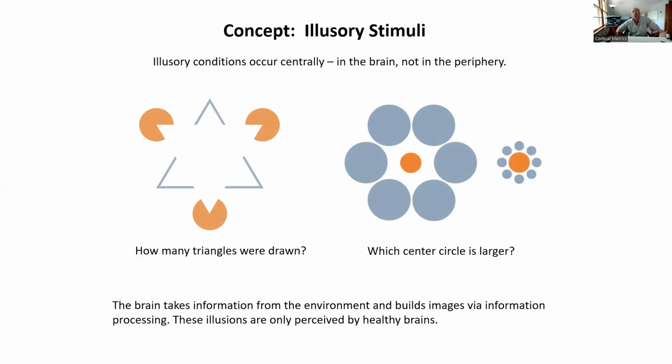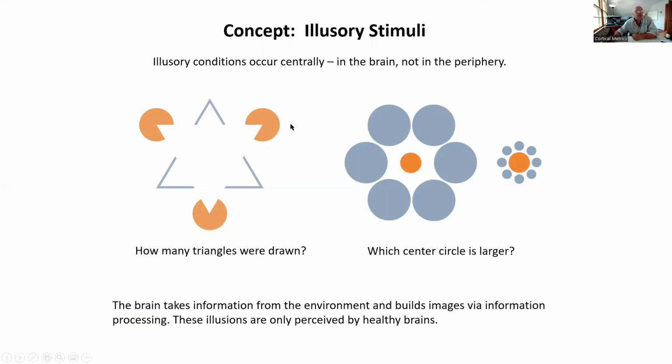But first, let's talk a little bit about the concept of illusory stimuli. Basically, what we want to do is deliver illusions or make perception change. On the left, the question is how many triangles are drawn. The answer is none. The triangles you see are a result of the brain connecting the dots.